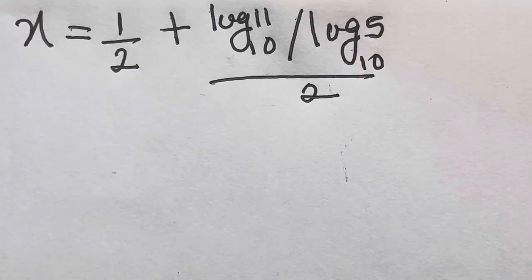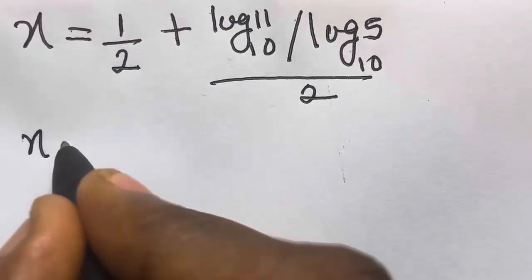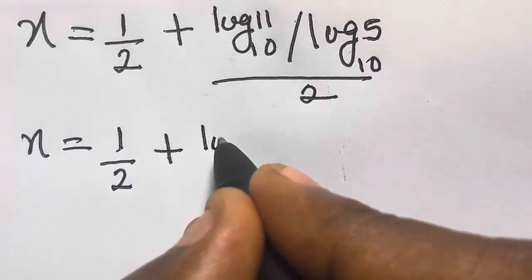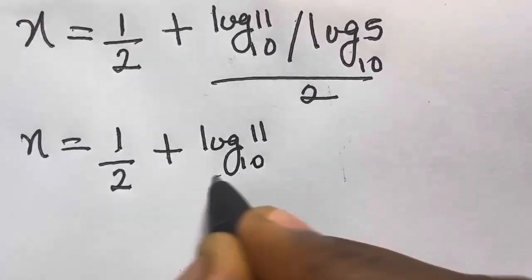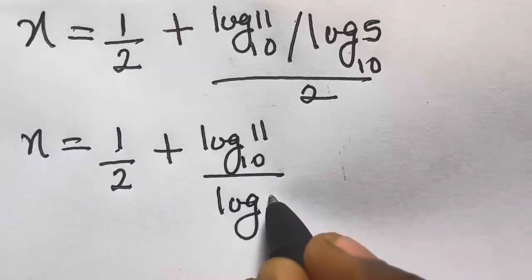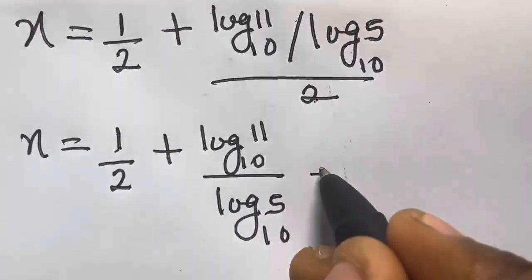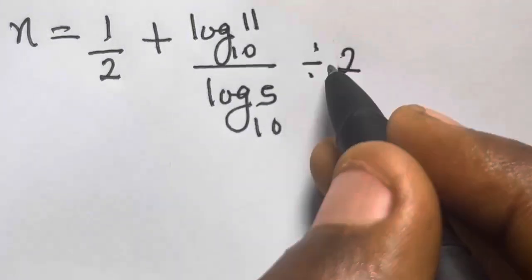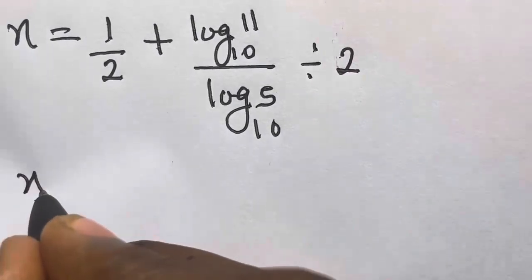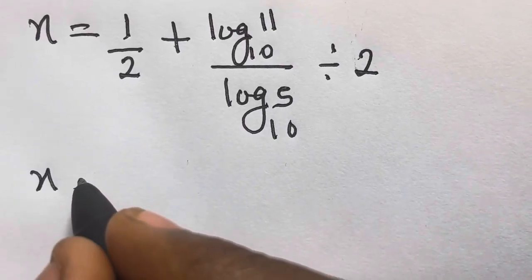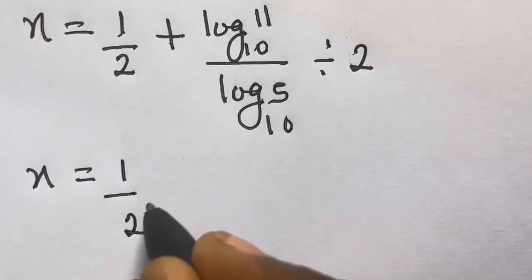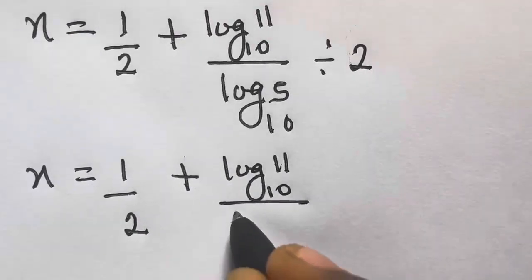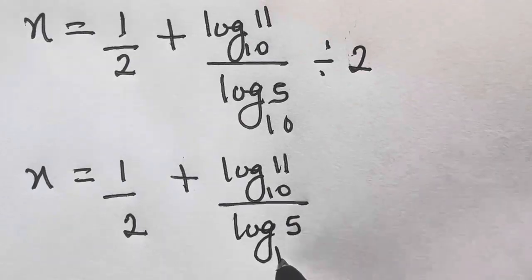We have it like this. From here, x equals 1 divided by 2 plus log 11 in base 10 divided by log 5 in base 10, divided by 2 here. And we have to change this division to times, right?